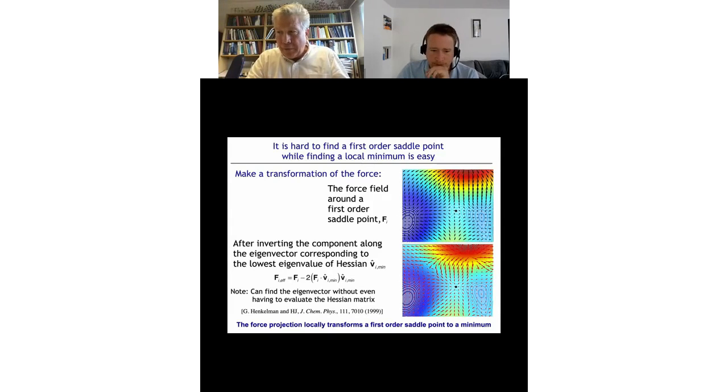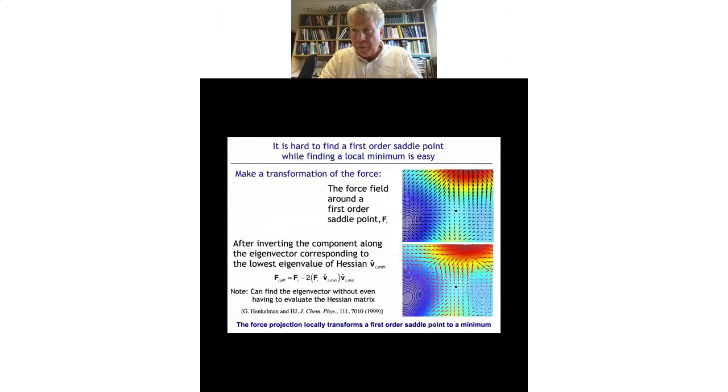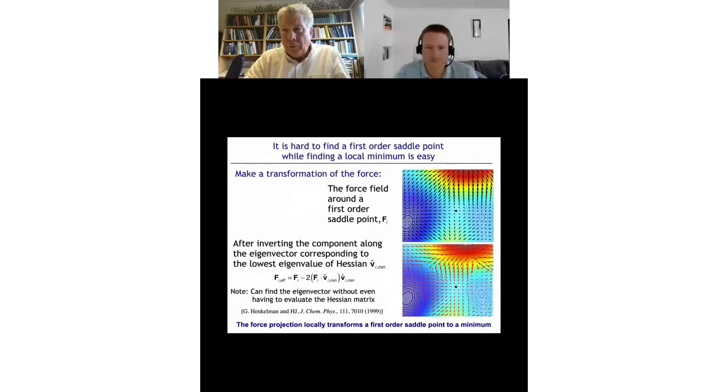If you are dealing with a first-order saddle point, that is, the Hessian matrix, the matrix of second derivatives, has just one negative eigenvalue, then there is one direction for which you need to maximize the energy while you minimize the energy with respect to all other degrees of freedom. And the hard part about finding this first-order saddle point is that typically you don't know what this 1 degree of freedom is.